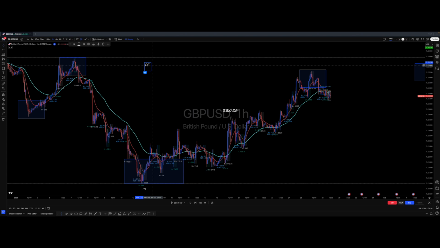The first thing is obviously you need movement of 2.5 to 4.5 times ADR. That's the first thing, right? Second thing is you need a 13/50 EMA cross. Third thing is you need a one-time ADR move away from the new peak formation.